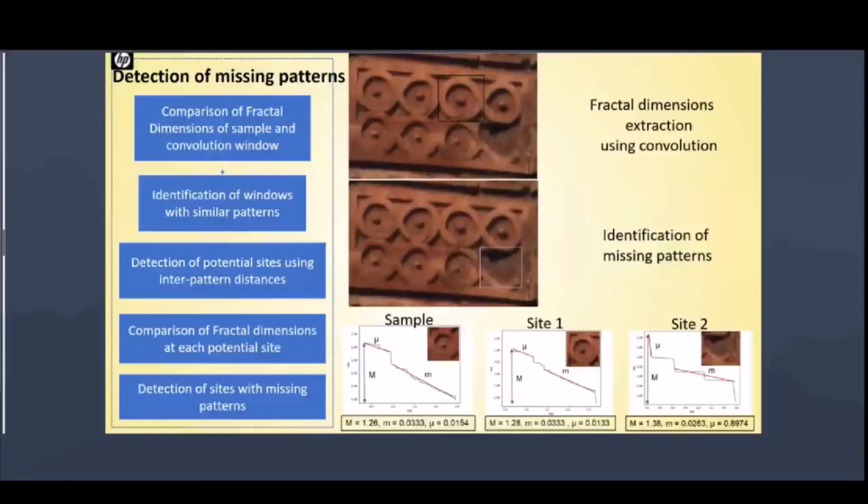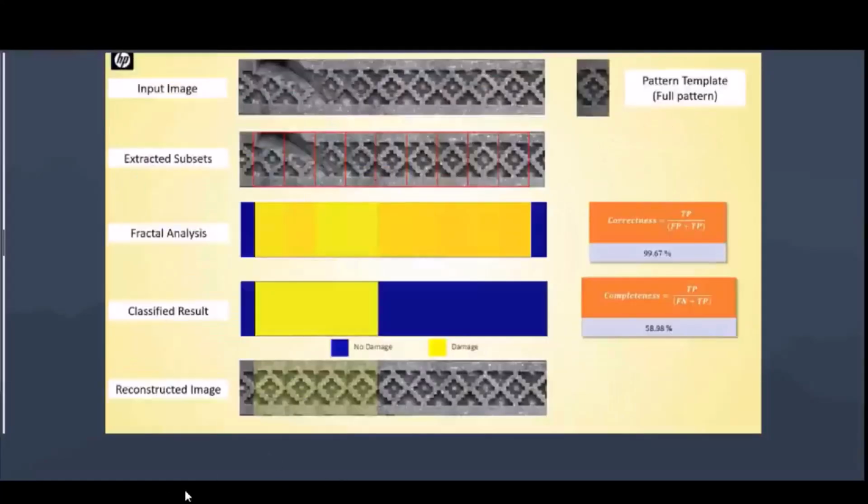The parameters of fractal dimension were compared, and if there is a change in fractal dimensions, we say that the area is damaged, and if the fractal dimensions are similar, we say that the area is not damaged.